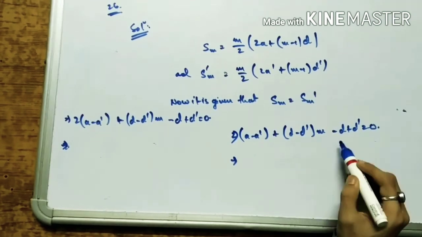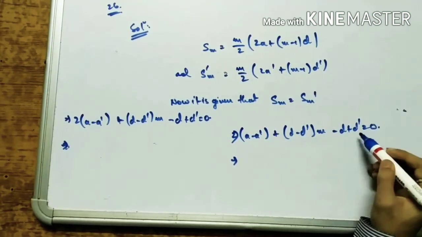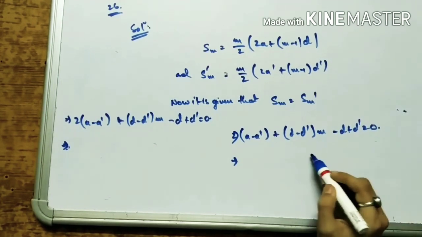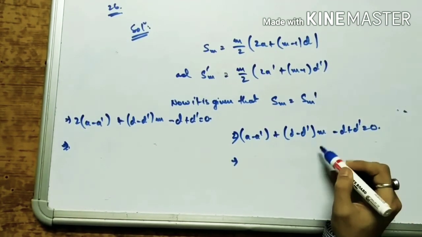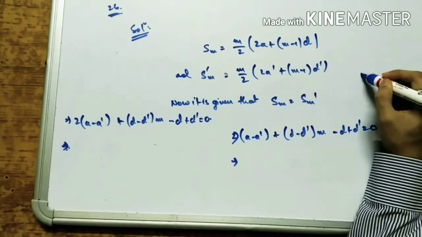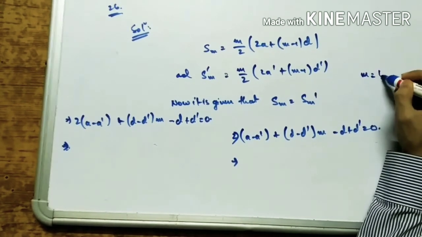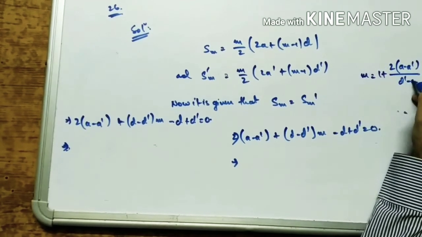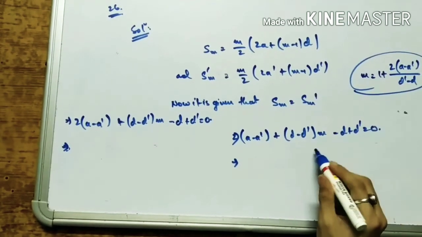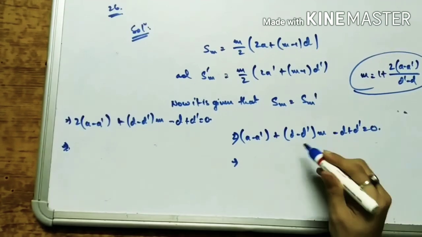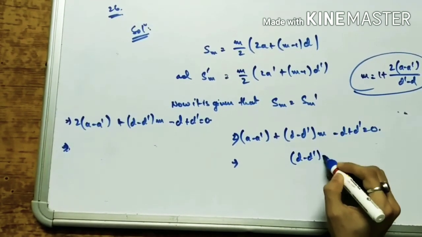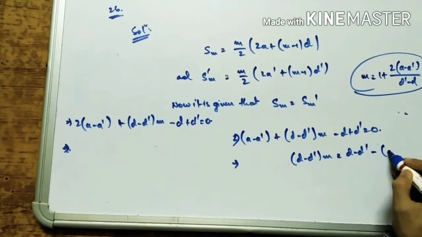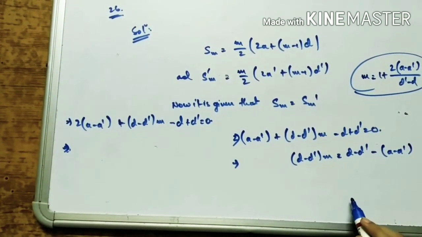So now you see, I have to prove that M is equal to 1 plus 2 (A minus A dash) by (D dash minus D). This one I have to prove. That means I will have to take out the M value from here. So these two I will send to that side. (D minus D dash) M is equal to (D minus D dash) minus 2(A minus A dash).